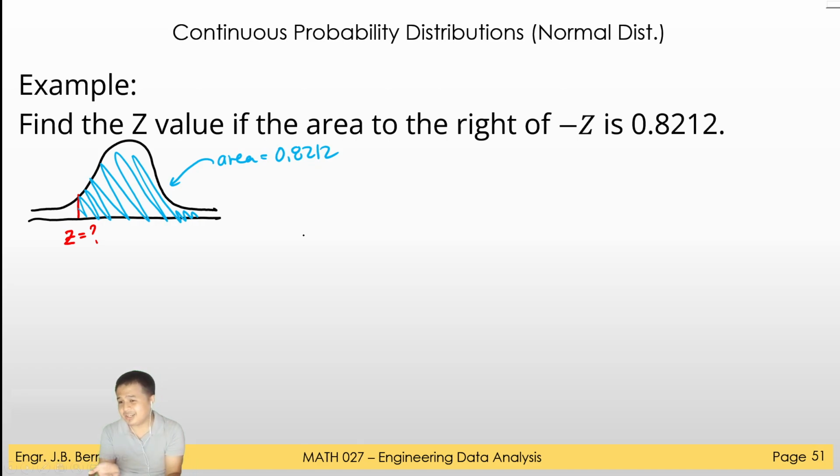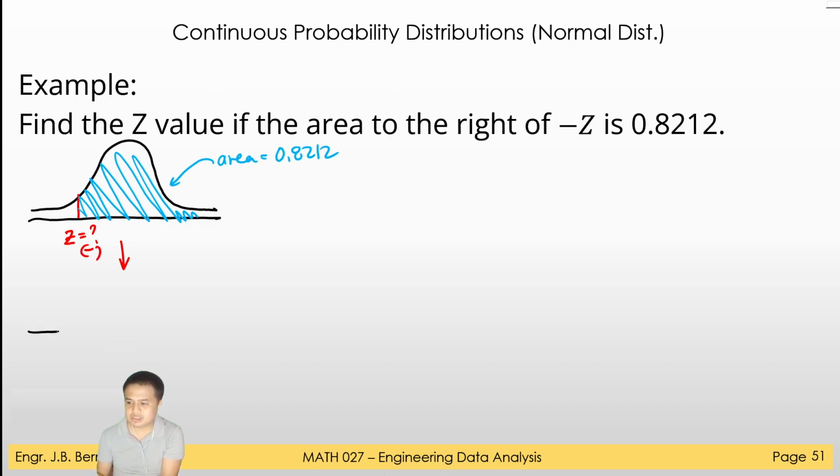So given the area, you want to now find the z-score. How do we do this? If you flip this around, if this is negative, well, this is negative, right?